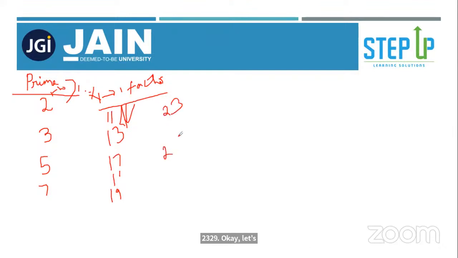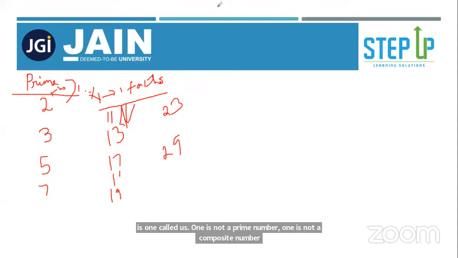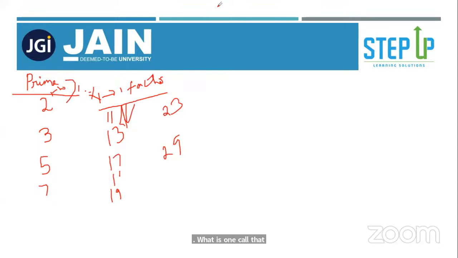What is 1 called as? 1 is not a prime number, 1 is not a composite number. What is 1 called as? One is called a unit number.